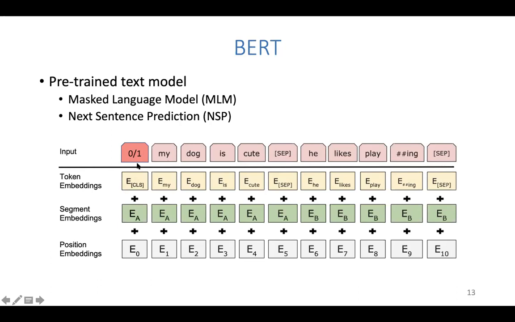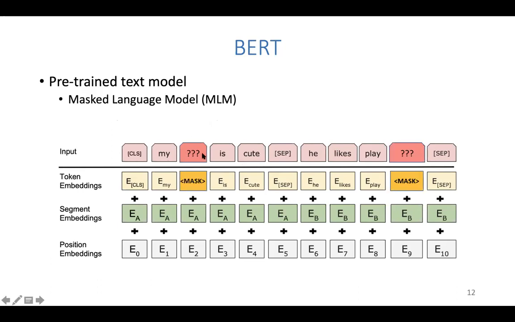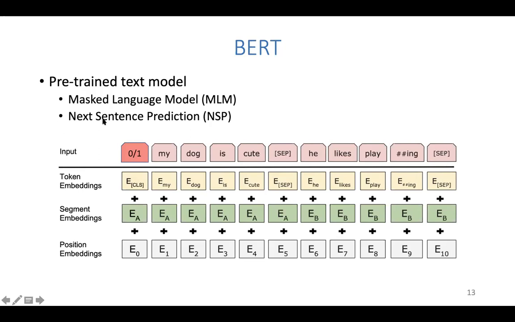In that case, the CLS token ground truth label should be 0. So it's trying to capture higher-level semantics compared to token-level semantics. So there are 2 tasks, and a lot of vision-text multimodal learning utilizes these 2 tasks.